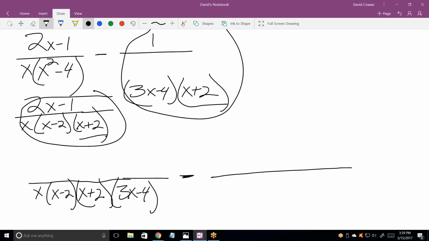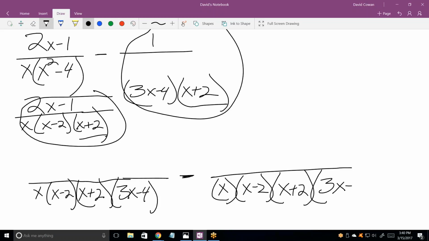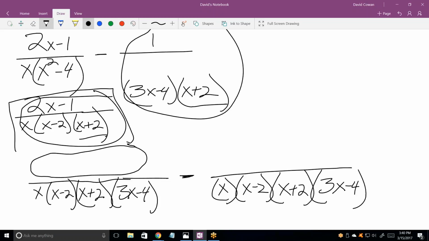Let me tell you a little secret trick that I have that makes sure that you don't make mistakes. Okay. The secret of math is to be checking all the time. Okay? So I need to figure out what to put there such that I do not change this fraction. Okay.